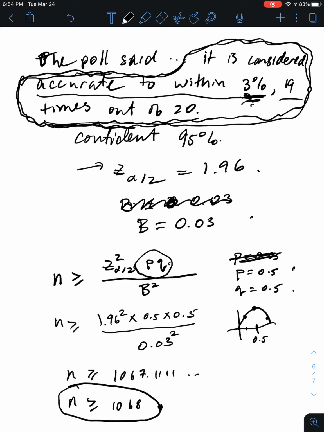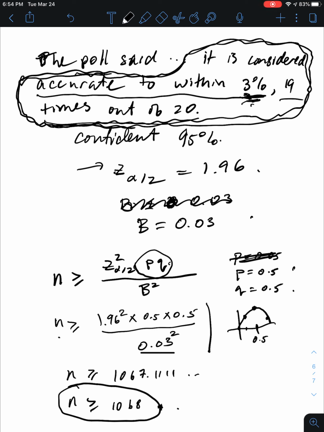And if you wanted more accuracy, you would have to use this formula to increase the value of n. If you want more accuracy, that would make this number smaller, which makes the whole fraction bigger, which would make n bigger. So you see more accuracy is going to cost us in terms of a higher sample size.